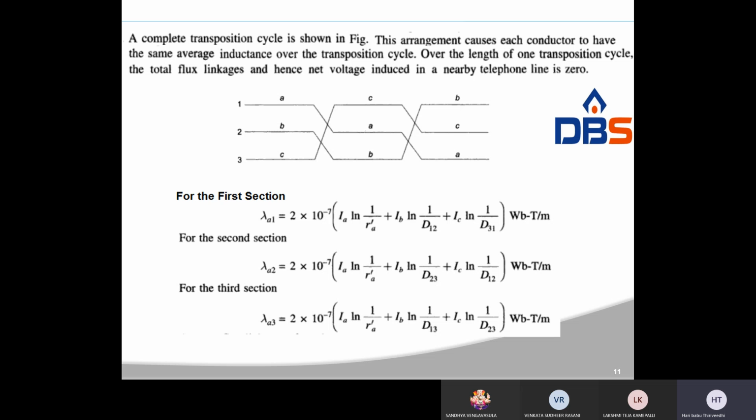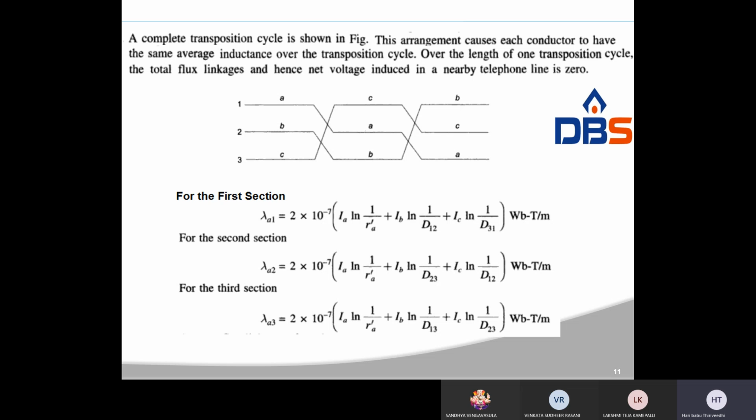Now coming to the second section, here the top is C, but I am taking A as reference. You have to write the flux linkage equations according to A. At the second section, A is in the second position. That's why 2 into 10 power minus 7, IA ln 1 by RA dash, IB ln 1 by D23, since A position is second now, and next IC ln 1 by D21 or D12, whatever it may be.